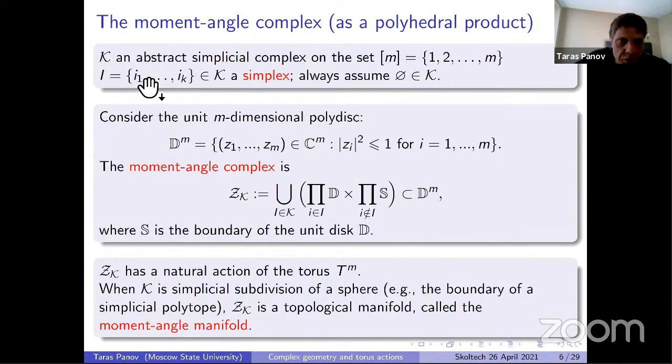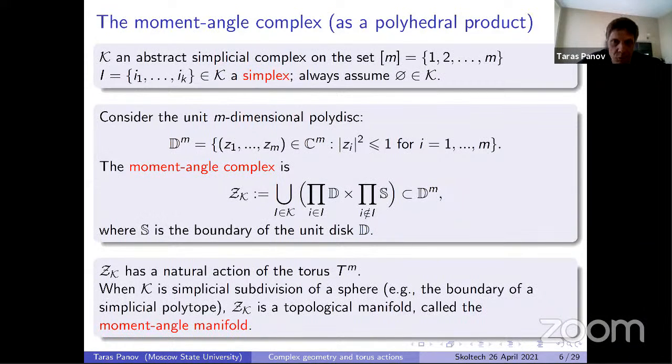That's how you get a triangulated topological space from an abstract simplicial complex. And if this space happens to be a sphere, a simplicial subdivision of a sphere, then what you get from this construction is a topological manifold. And this is the most general construction. It's called the moment angle manifold without any restriction, right? So it's this moment angle complex corresponding to a triangulated sphere.